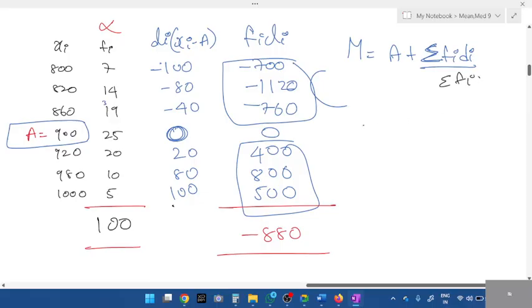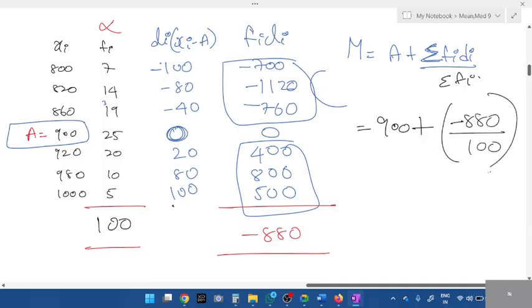For another 5 minutes, we'll end the class. A value is 900. 900 plus FIDI, it's a separate value. Take it in bracket. 880 divided by 100. Use the shifting method. What is 880? 88 divided by 10? Minus 8.8. Open the bracket. What is plus into minus?